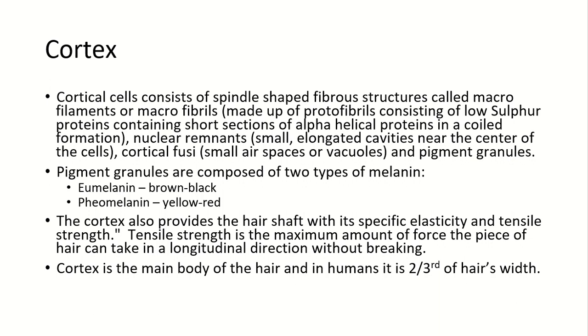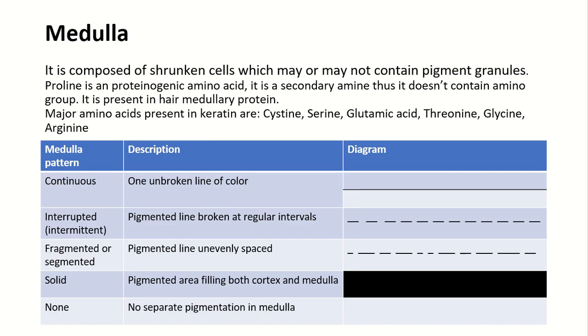Cortex is responsible for the specific elasticity and tensile strength of the hair. In humans, the cortex is two-thirds of the hair's width. Medulla is composed of shrunken cells which may or may not contain pigment granules.